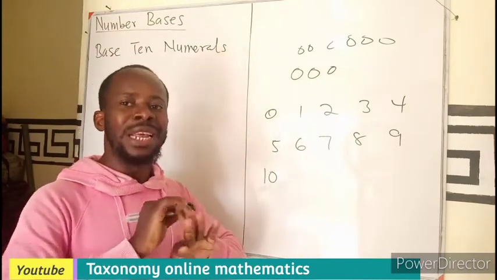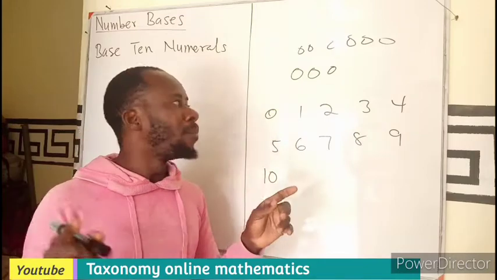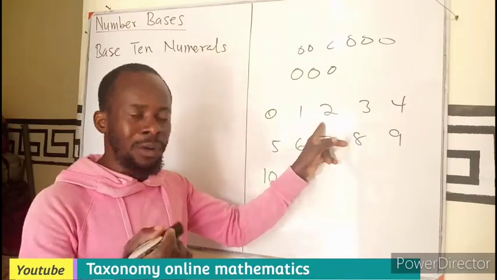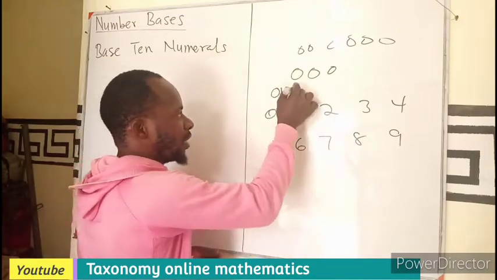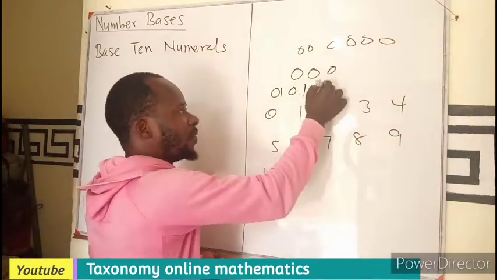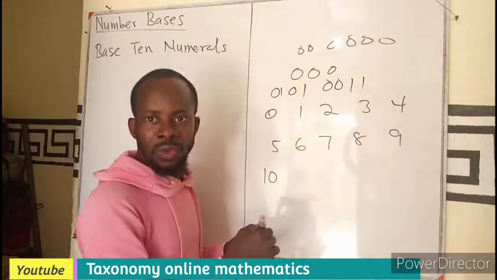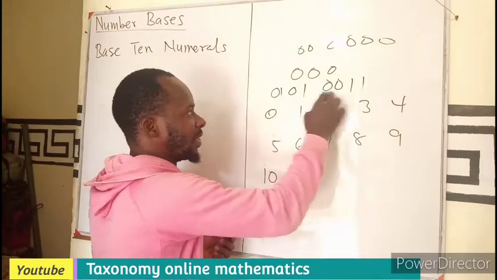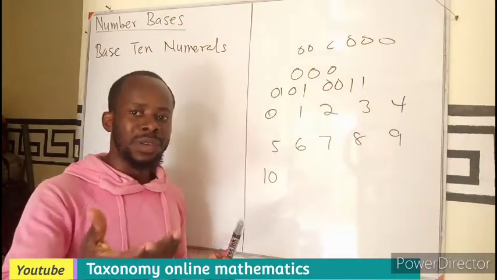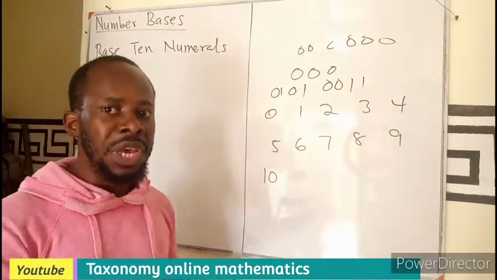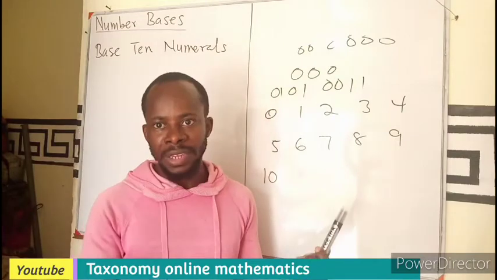So in that case, there is no base 1, but base 2 can be reasonable, because I can have 0, 1, 0, 1. I can have 0, 0, 1, 1. You can see that, which in this case we call what? Binary numerals, which computers make use of in keeping data or processing data.